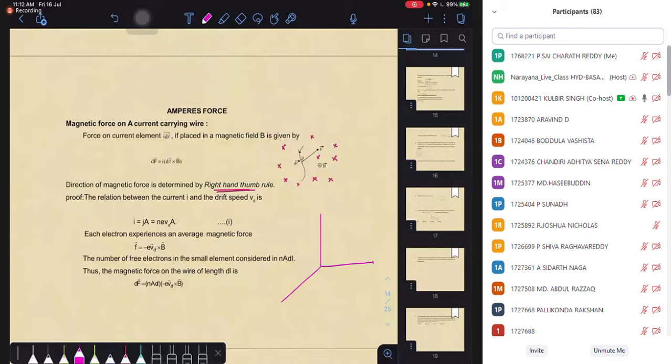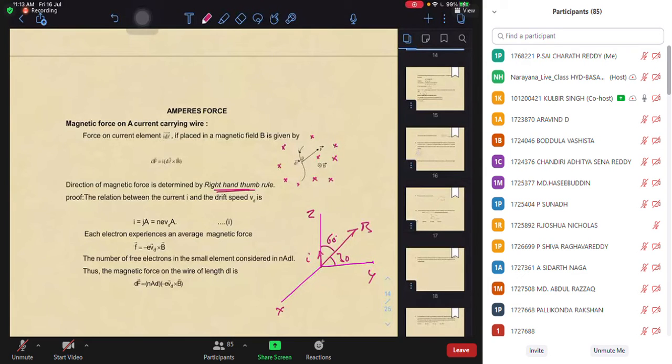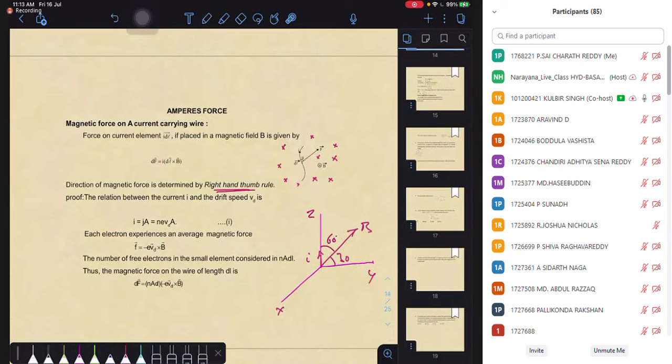So let's say this is the direction of my current, x, y, z, and we have a magnetic field in this direction. The magnetic field is making an angle of 30 degree with the y-axis and 60 degree with the z-axis. So in which direction will it experience the force?